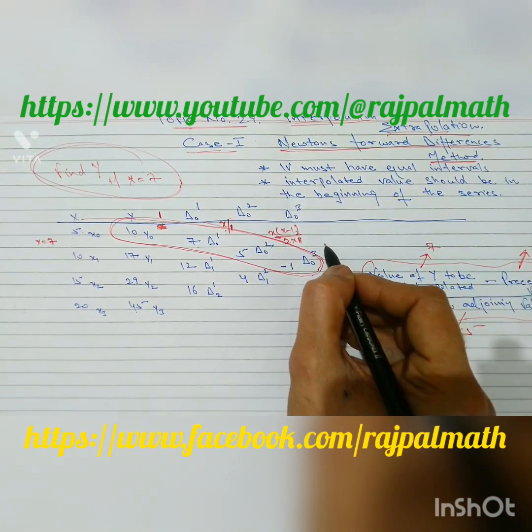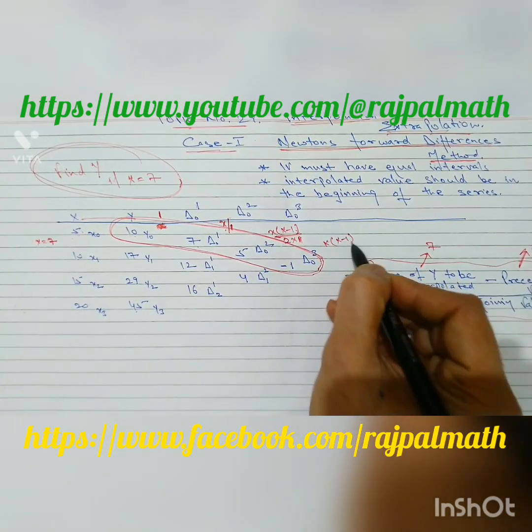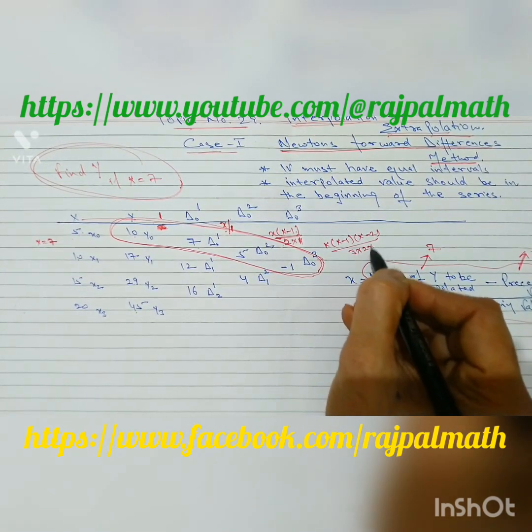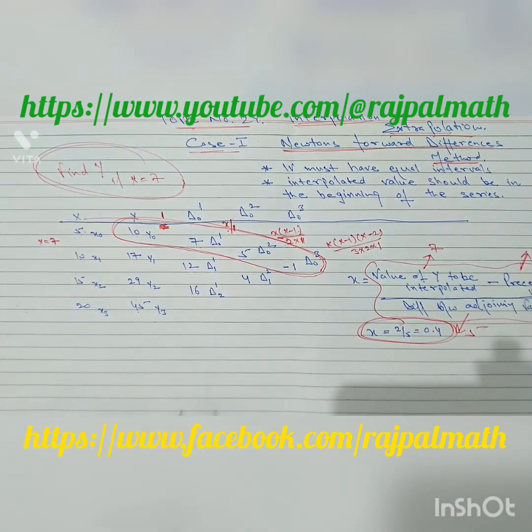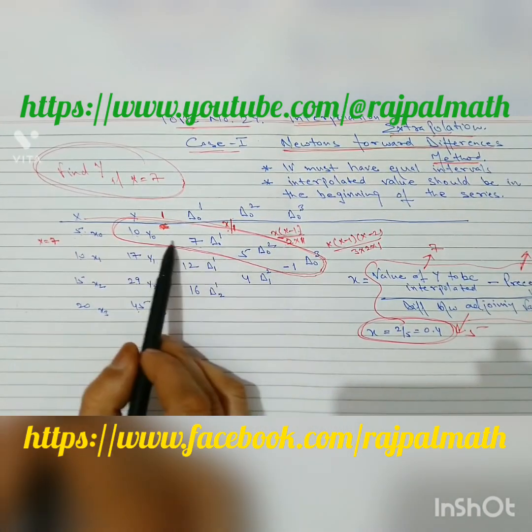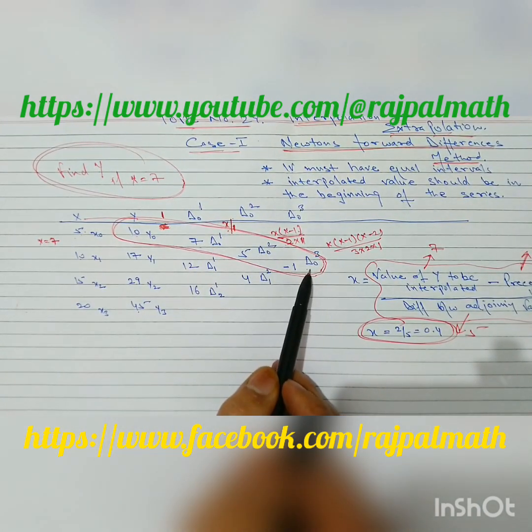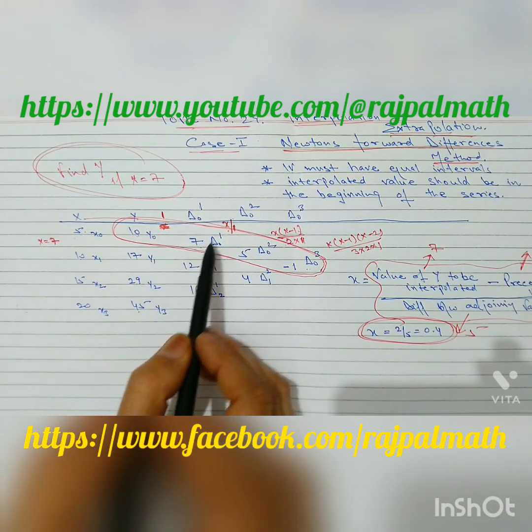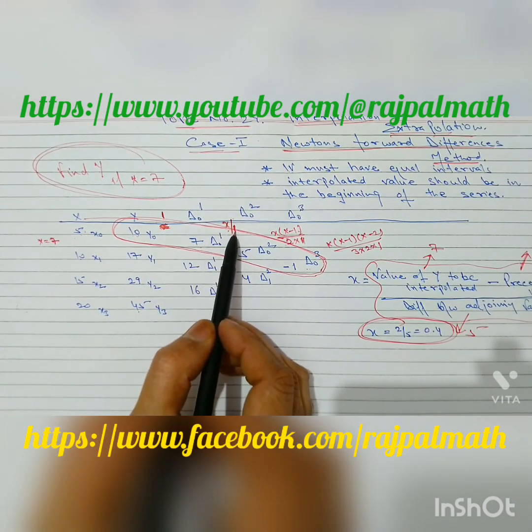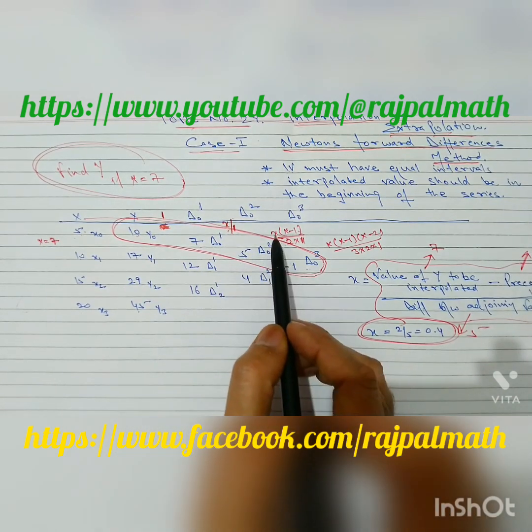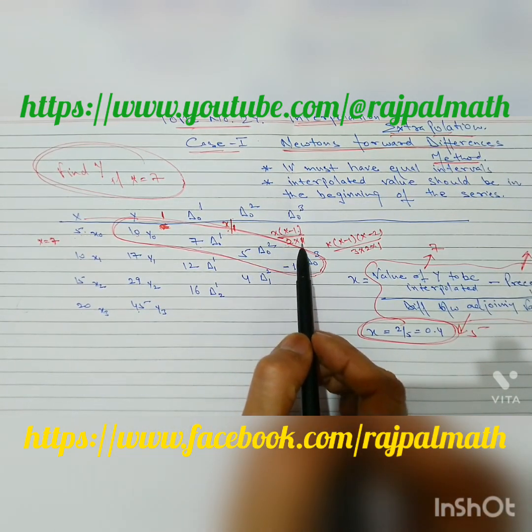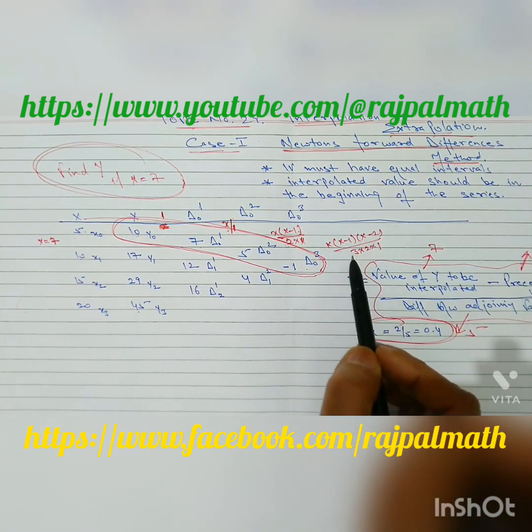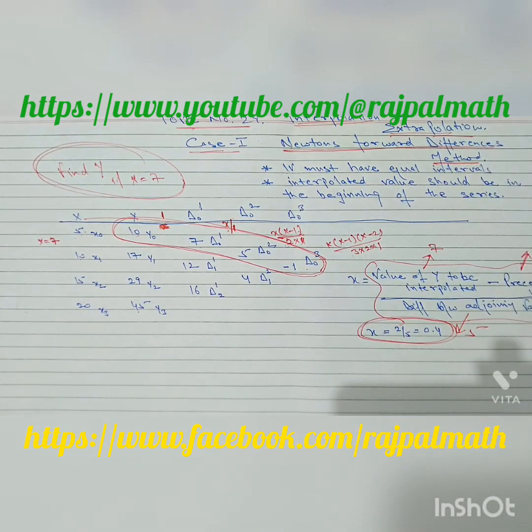Then the last term is x into x minus 1, x minus 2 by 3 factorial. This is the way of formulating the Newton's forward differences formula. Write 1 for the first term. For the second term, x by 1 factorial. For the third term, x into x minus 1 by 2 factorial. For the next term, x into x minus 1, x minus 2 by 3 factorial.